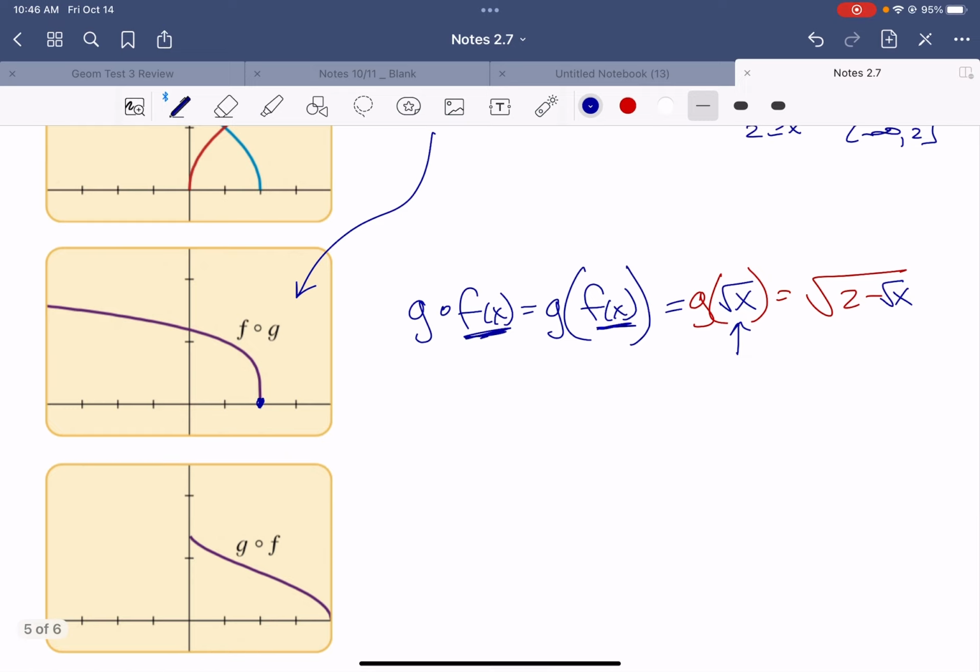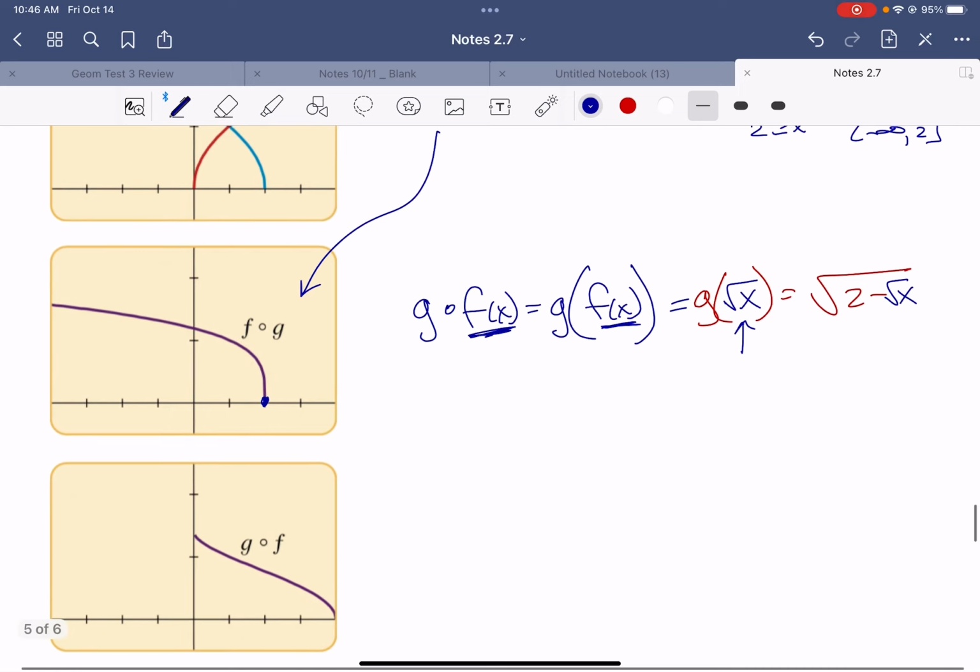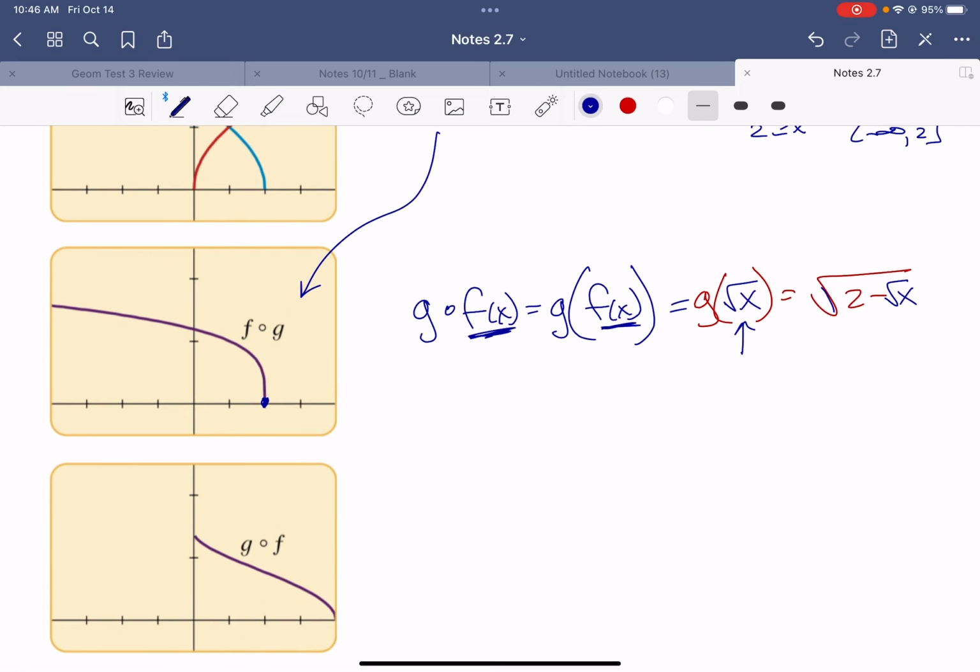So in this case, what do we need to happen? Well, let's see. First off, I know that I need the square root of x. This output is always going to be positive, right? And so that's why we only have output values that are greater than 0.